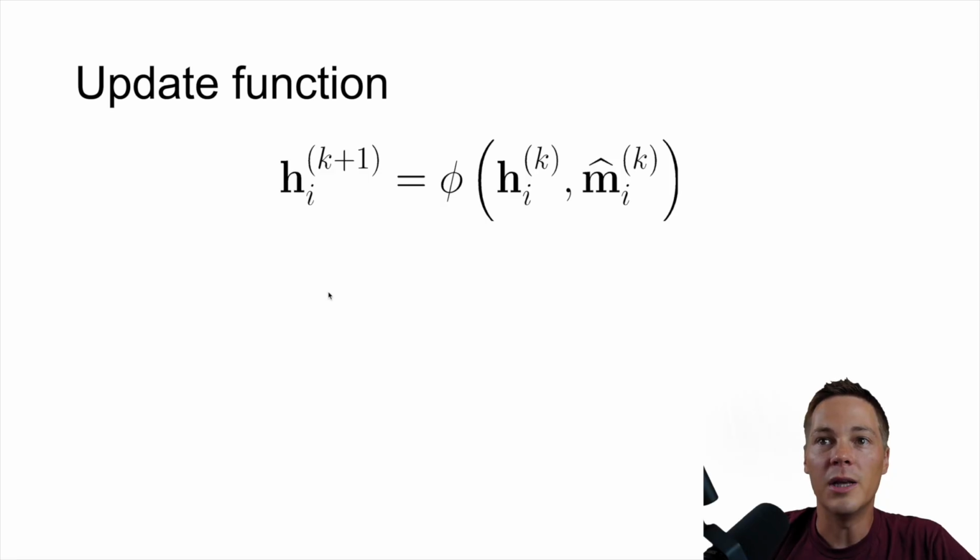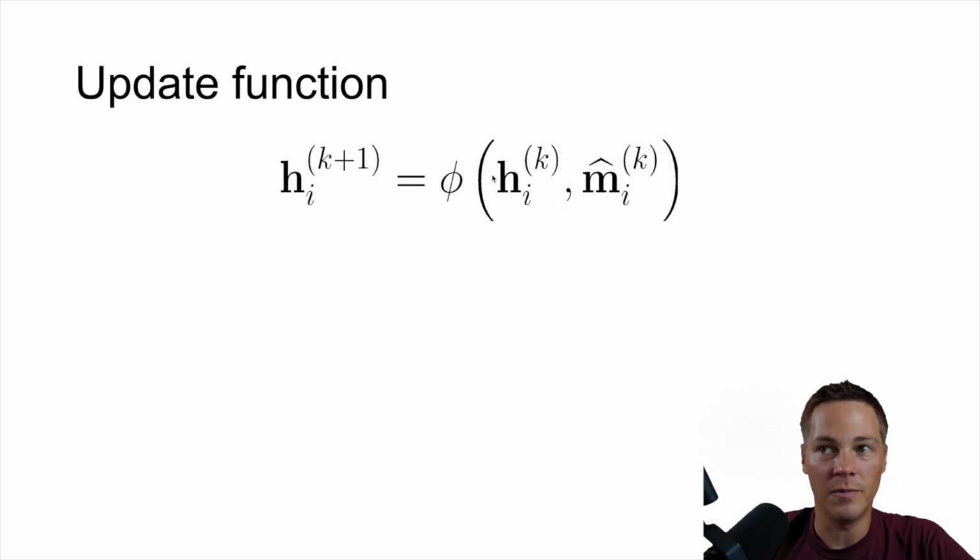Okay, so we've created the messages and we've aggregated them. And now we have this m hat that represents the aggregated messages for node I. Now we're going to do the update with the update function. So the thing we're going to update is HI, and we're going to pass that in. So that represents our current information about node I. And then mi represents our current information about its neighborhood.